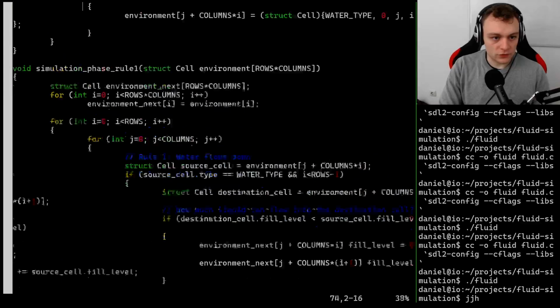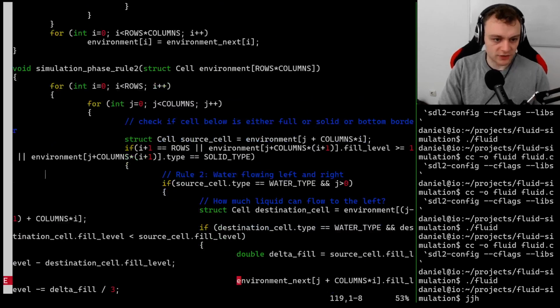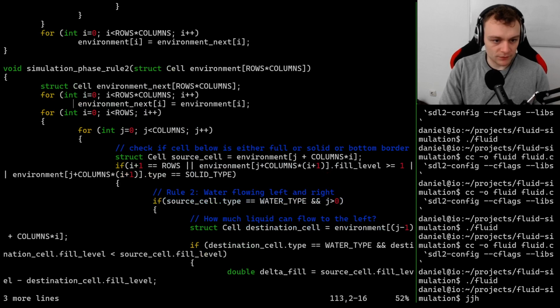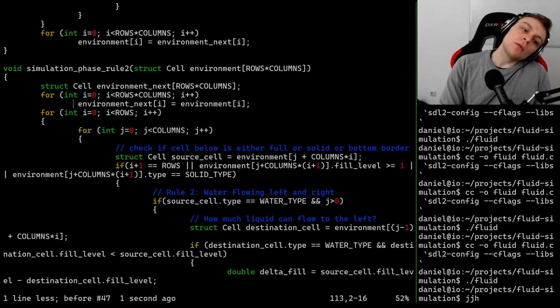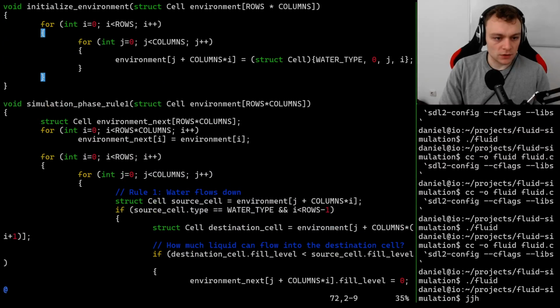And of course, we here also need to create a new environment next. This could technically also be encapsulated in its own method, but yeah, let's do it.